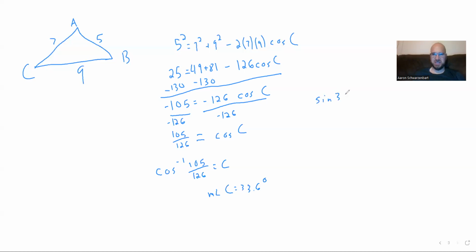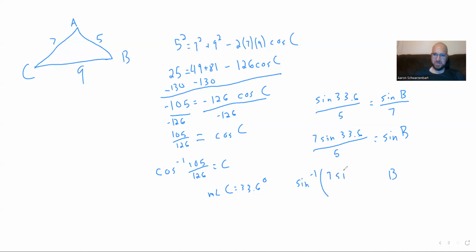So by law of sines, and then to get angle B, I will do the inverse sine. And that gives me 50.7.